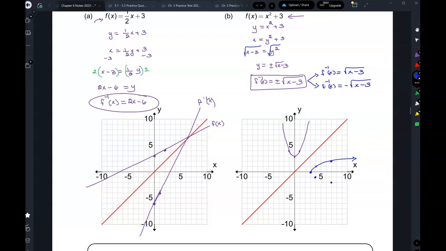Whoa. And there you go. And you see how the two are symmetric around the line y equals x. That is so cool. What's more, this is important.